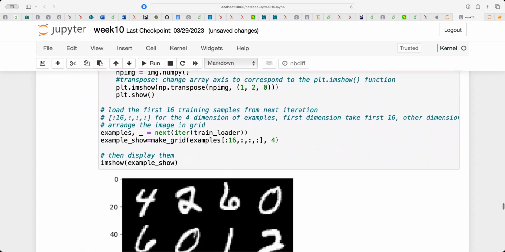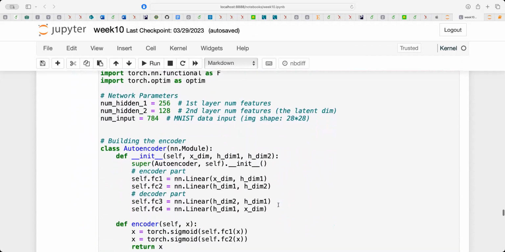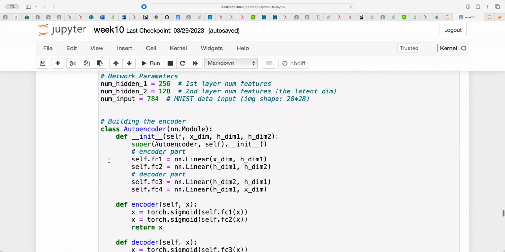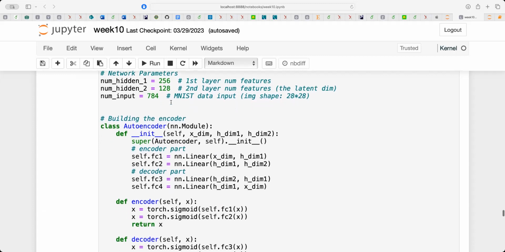But the autoencoder, if you scroll down here, these are the typical data, contains now one dimensionality reduction. I have the input with 784 input variables. These are the pixels of an image, and the images are 28 times 28. And then I reduce this to 128. So this is my dimensionality reduction.